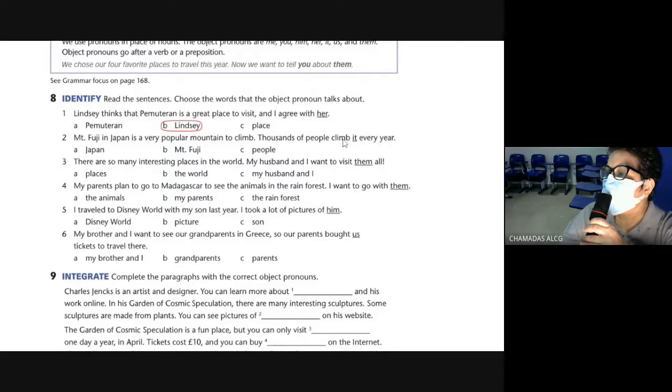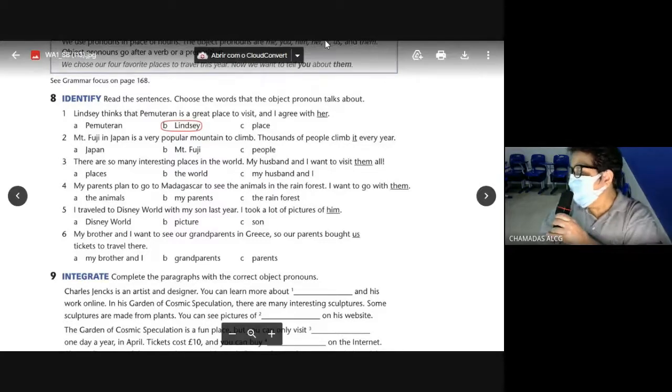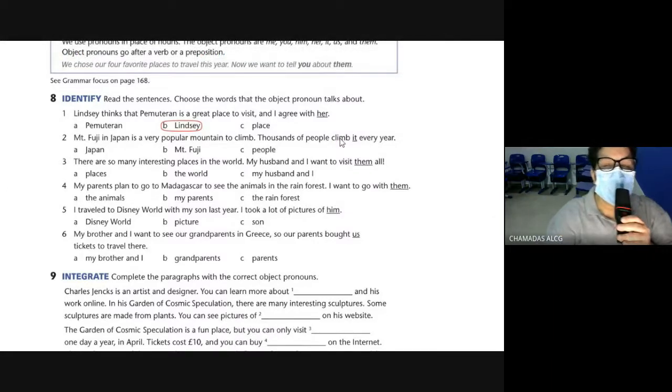Guys, we climb. We climb mountains. Yes, Julie. Very good. Mount Fuji. To climb is the same as escalar in Portuguese. So we don't climb Japan and we don't climb people.